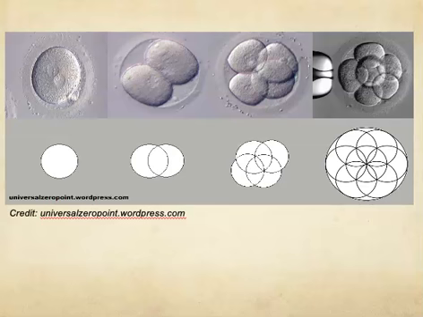On this slide, you're looking at some pictures of the first divisions of a human embryo. You're also looking at actual images under the microscope of this process. So again, over here on the left, this is a fertilized egg, or what we call a one-celled embryo, also called a zygote.